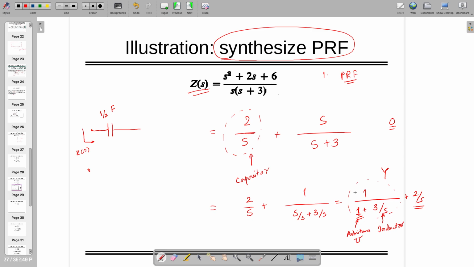If you want to make it resistance, it has to be 1 by 1, so 1 ohm in parallel with inductor, which is 1 by 3 Henry. Right? So do not forget to keep these units. These are very important, right?